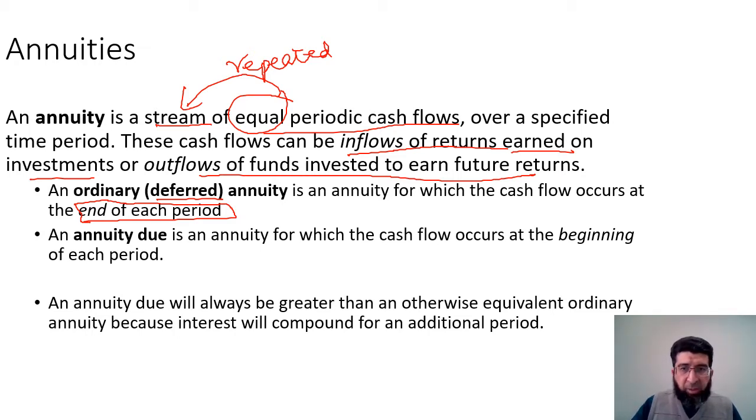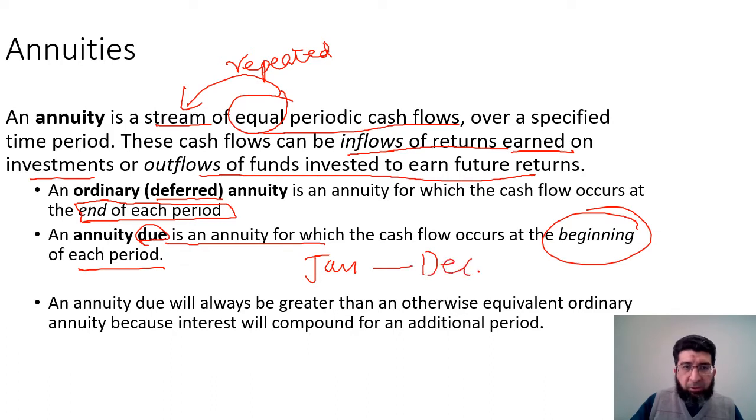An annuity due is different in that this is an annuity for which the cash flow occurs at the beginning of each period. So if we have a year from January to December, ordinary would be 31st December, while beginning would be 1st of January.